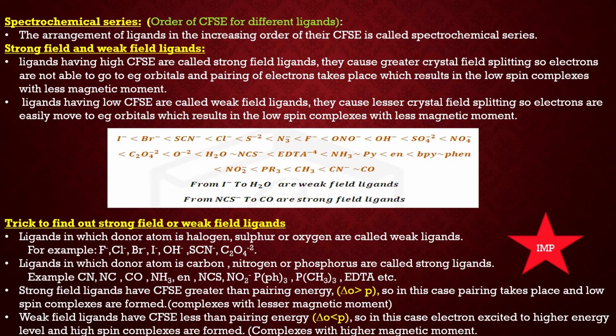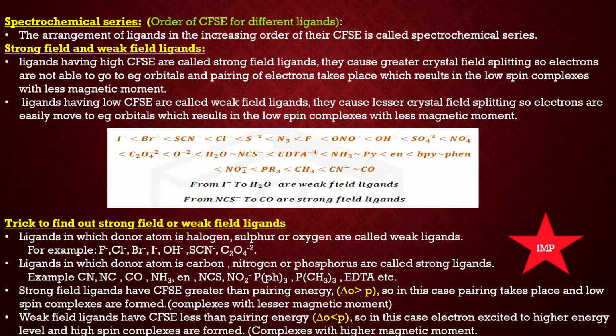For example, all the halogens, that is fluoride, chloride, bromide and iodide ions, OH minus ion, SCN minus ion, C2O4 2 minus ion. In the halides the donor atom is the halogen, in OH minus it is oxygen, in SCN it is sulfur, in C2O4 2 minus it is oxygen. So they all are considered as weak ligands. So you can easily find out the donor atom, and with the help of the donor atom you can find out the type of ligand.